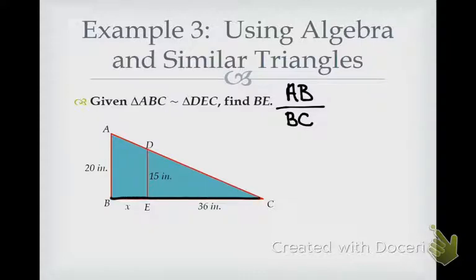Does everybody agree with that? AB over BC, height over length. Y'all agree? Okay, so now I'm going to do the same thing with the smaller triangle. DE over EC. Okay, that's my smaller triangle.